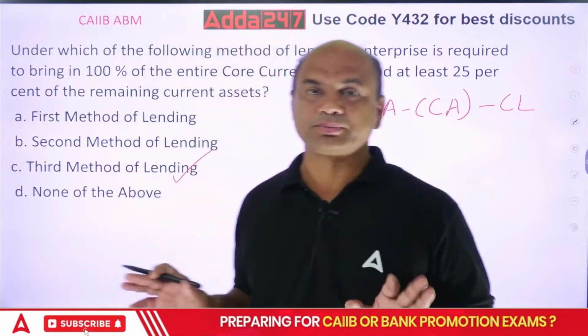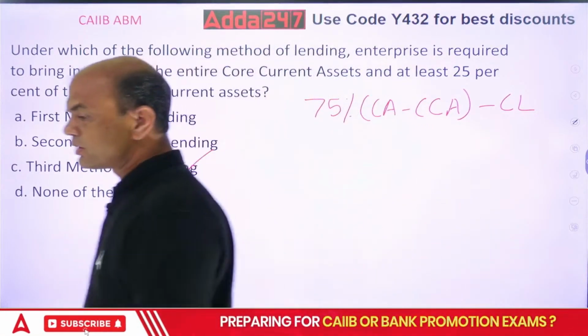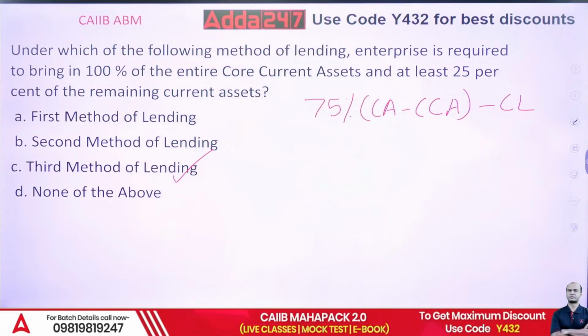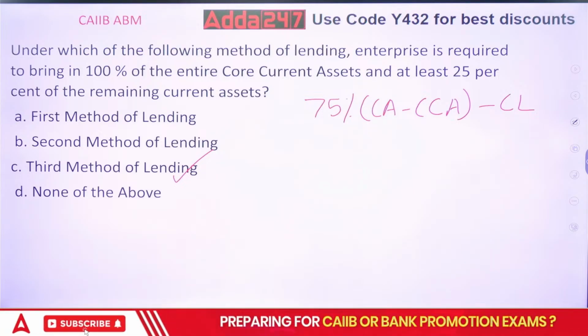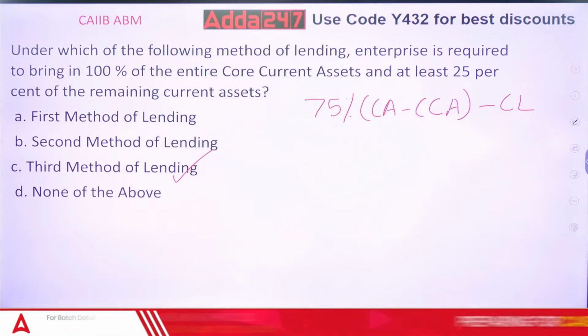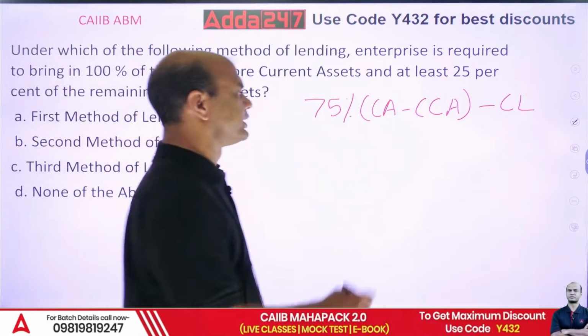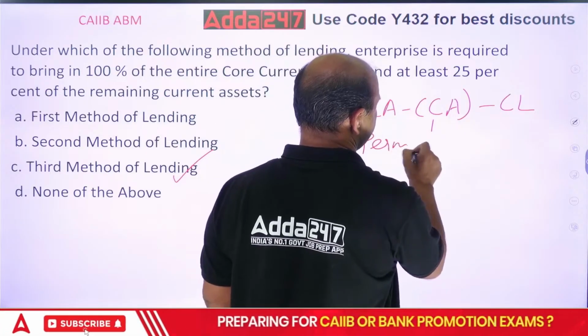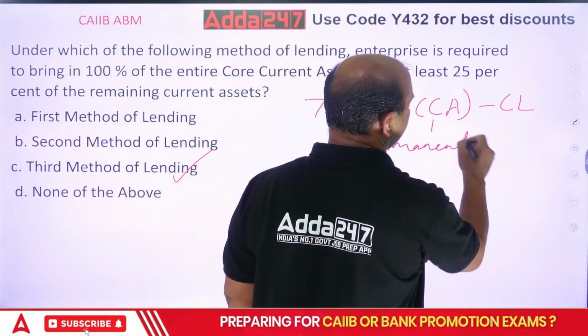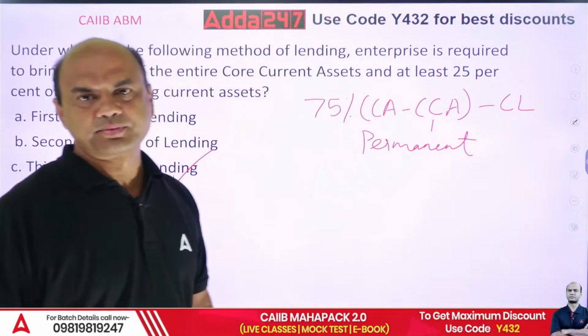It is a sort of permanent working capital which is required. It is a permanent or fixed component of the firm's working capital limit. Means what? Remember this: a permanent component or fixed component.